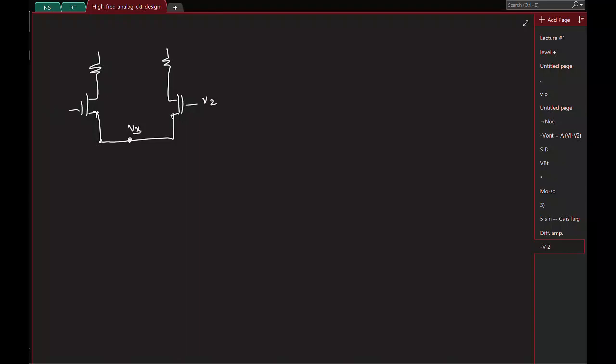So first let's quickly find the contribution from V1, V2. If you think about it, all you have is V2 here, and at the source I see that I have some resistor connected. What is the equivalent resistance looking in this direction? 1 by Gm.